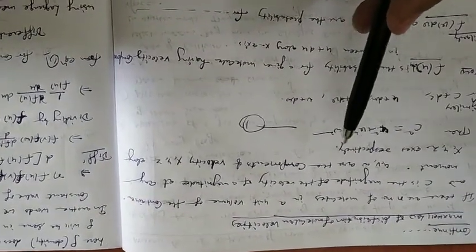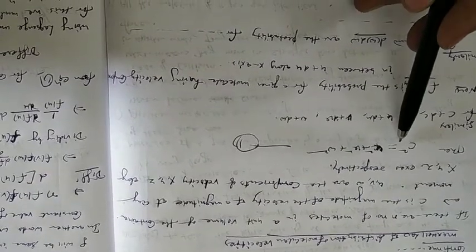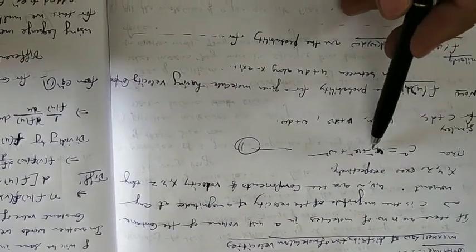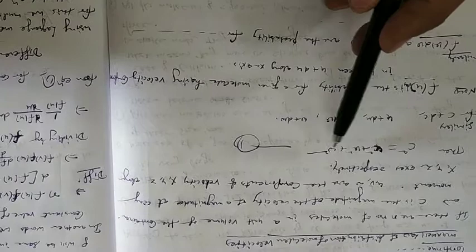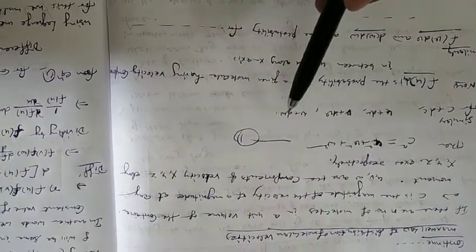Then c squared equals u squared plus v squared plus w squared, as equation 1.